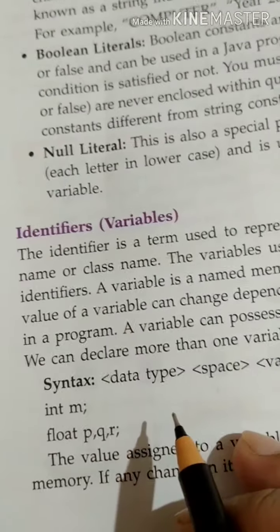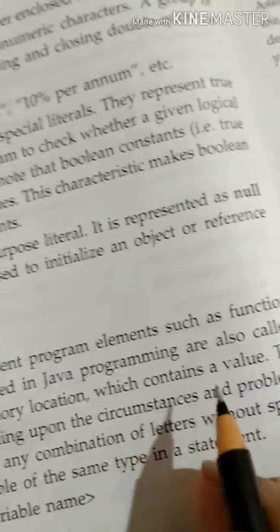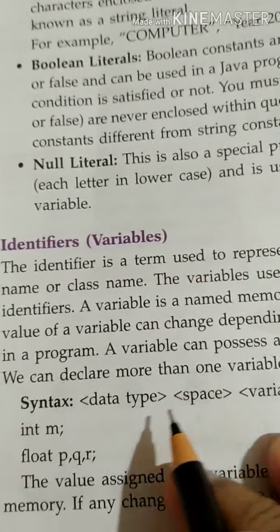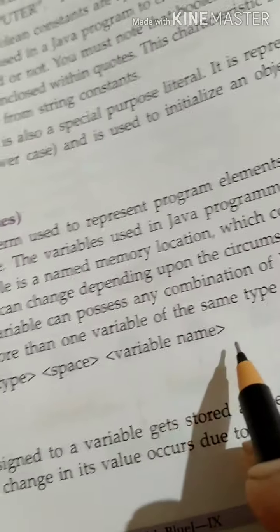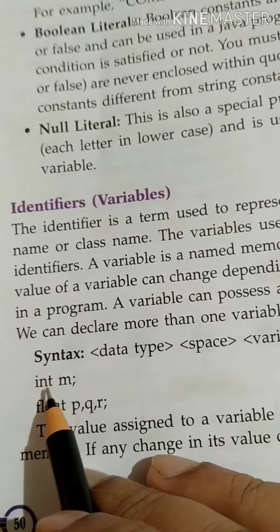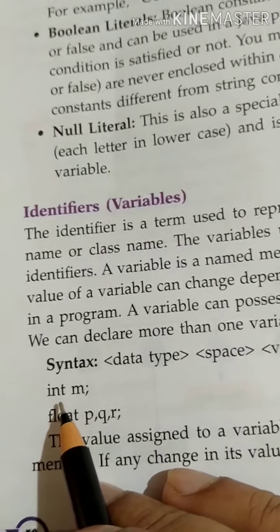Identifiers, variables: any class name or function name is called an identifier. For example, int data type, space, variable name. Okay, int is a data type, m is a variable. Okay, int means integer data type.